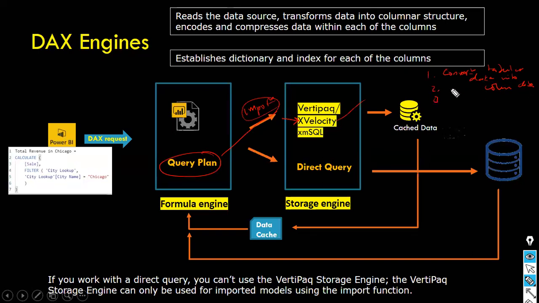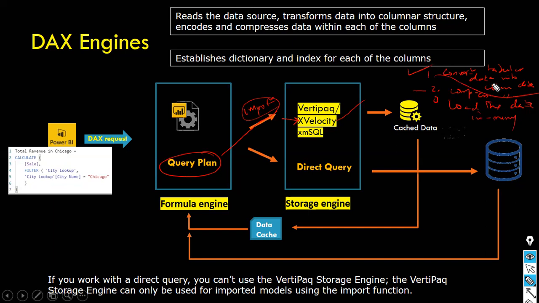Tabular data is rows and columns. Second, once it converts it, it compresses the columnar data, and then it loads the compressed data in memory.